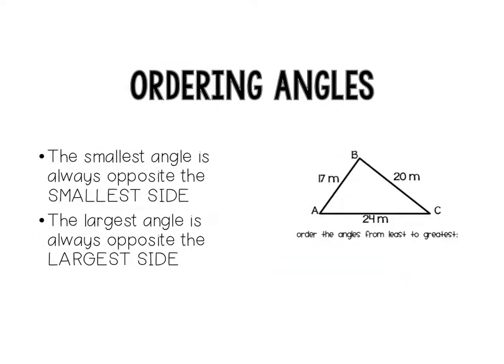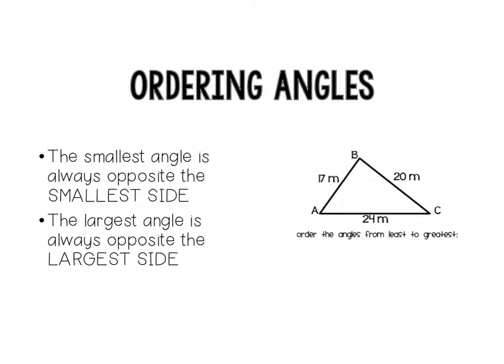Now we're going to look at ordering angles. So important rule, the smallest angle is always opposite the smallest side. The largest angle is always opposite the largest side. So I want you to try and order these from least to greatest, and then we will go over it.